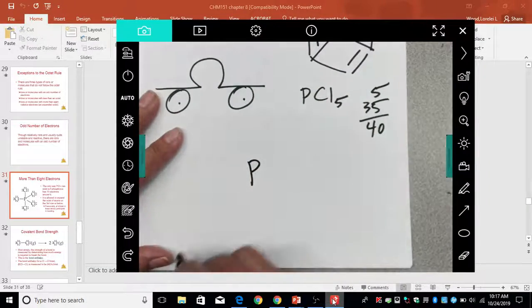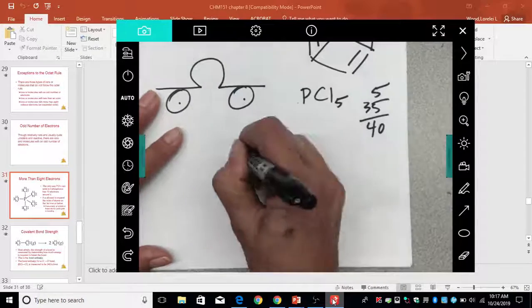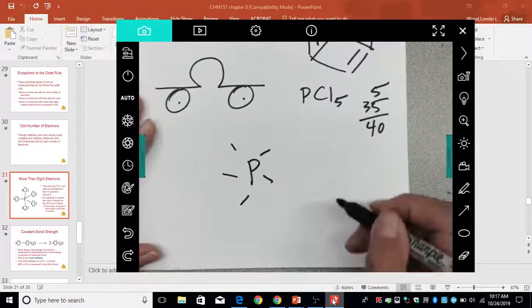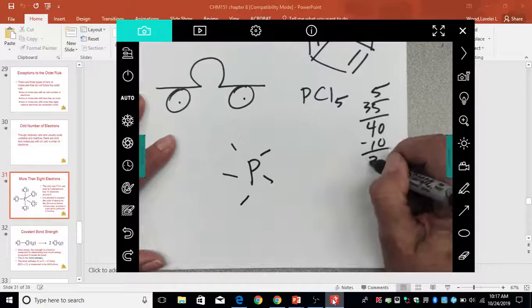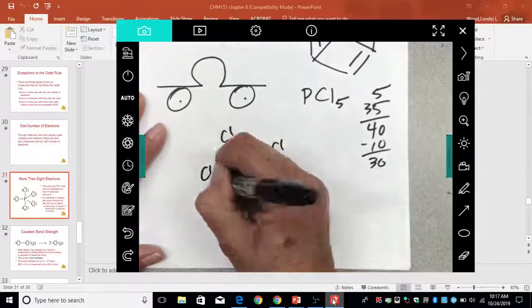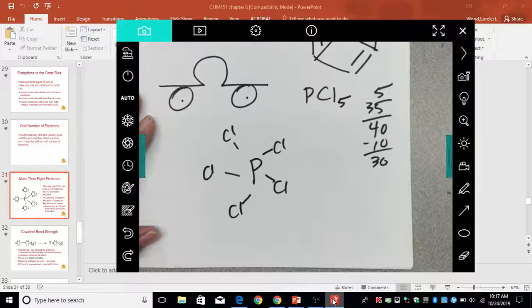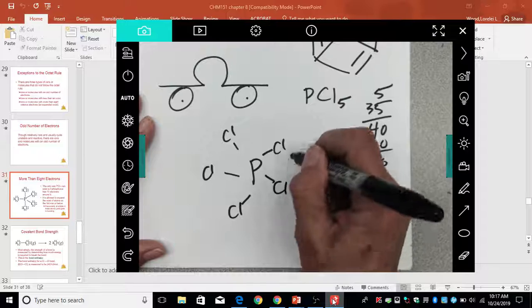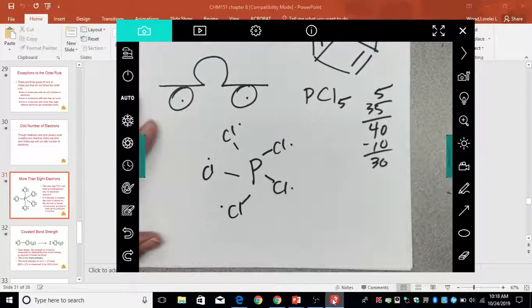Phosphorus in the middle. 1, 2, 3, 4, 5. That doesn't look right, but we'll just go for it. Minus 10 gives me 30. If we put a chlorine on each of those peripheral spots, how many valence electrons does each of those chlorine need? 6. So 6, 12, 18, 24, 30. That's how it works in Lewis structure terms. So you put 6 dots around each of those chlorines. I just put 1 dot, but 6 dots around each of those chlorines.